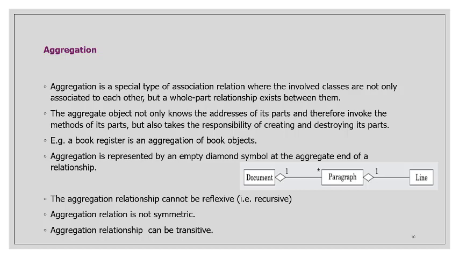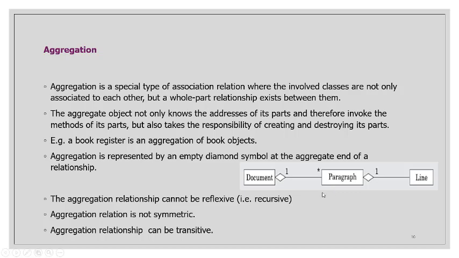So that's why the aggregation relationship cannot be reflexive. However, the aggregation relationship can be transitive. In this case, the aggregation may consist of an arbitrary number of levels. It may be any arbitrary number of levels, but the aggregation relationship cannot be reflexive or recursive.